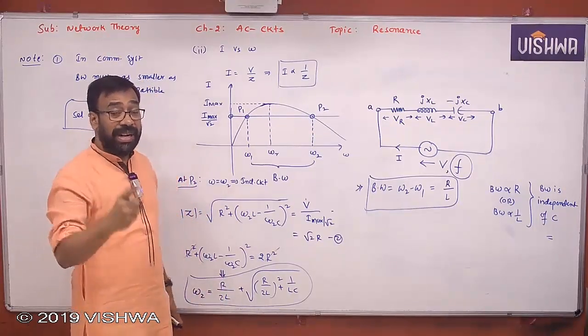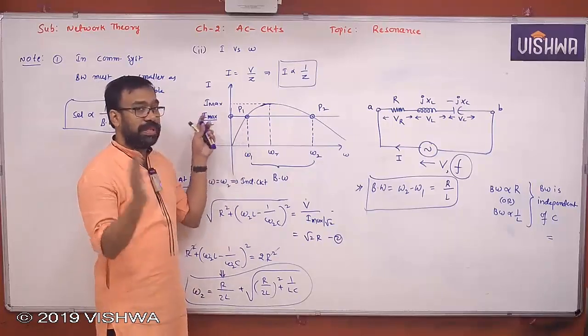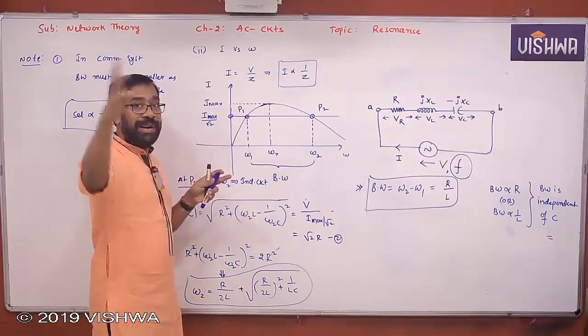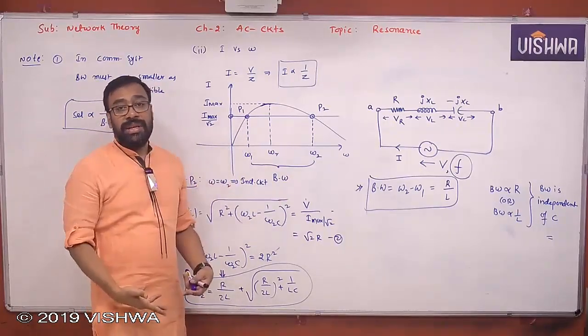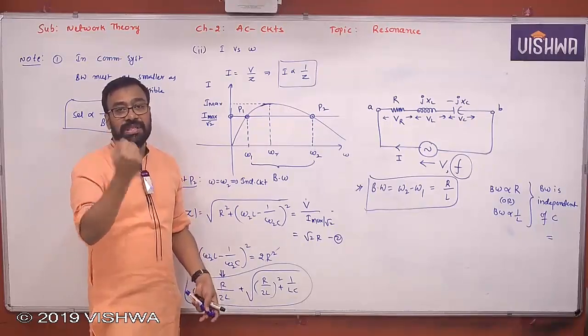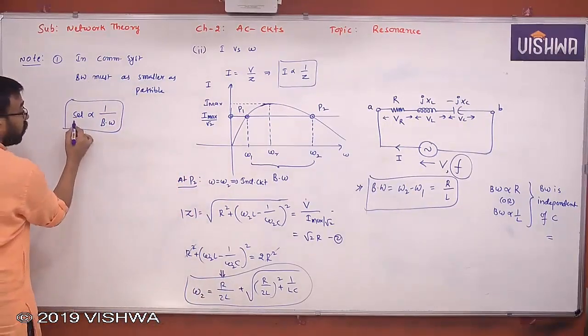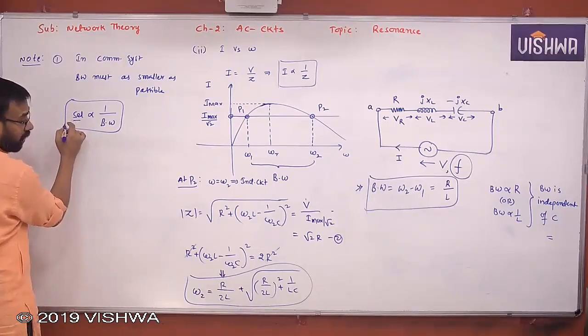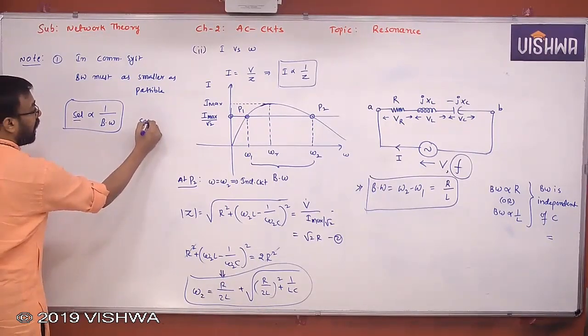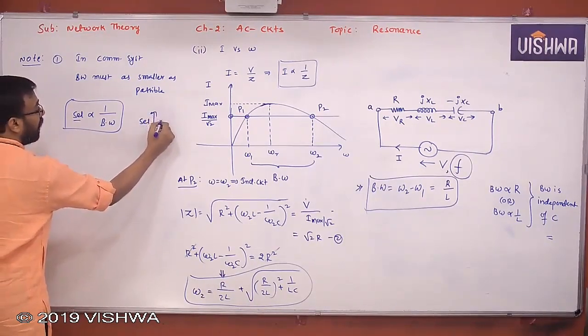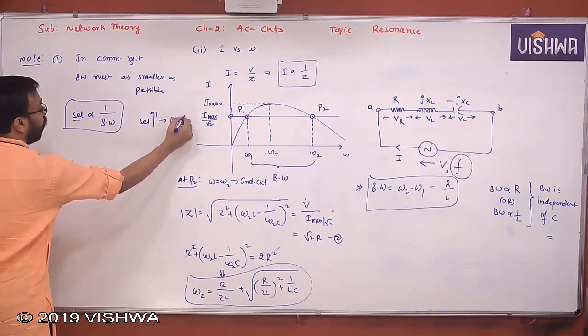If that ability is to be high, then bandwidth must be smaller. If it is larger, then it is inviting all frequencies. Then the resonant circuit doesn't understand which frequency is supposed to be picked up. So the ability to respond should be very high, and that is called selectivity. The selectivity is high only when bandwidth is low.